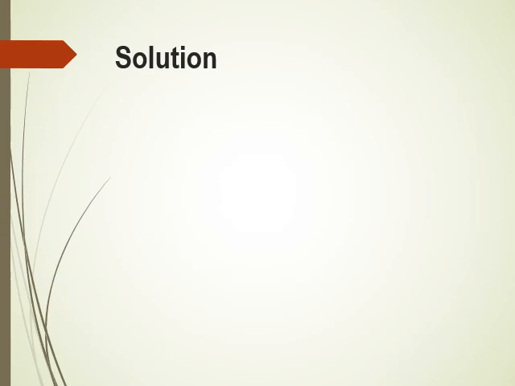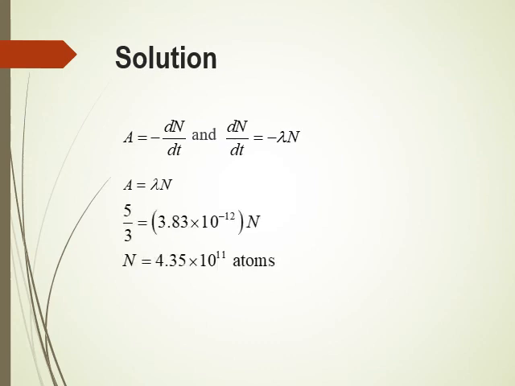So now let us use the decay constant to find current N, which is our N final. Given A equals negative dN over dt and dN over dt equals negative lambda N, combine these two equations, we have A equals lambda N. Substitute the values into the equation, N final is equal to 4.35 times 10 to the power of 11 atoms.